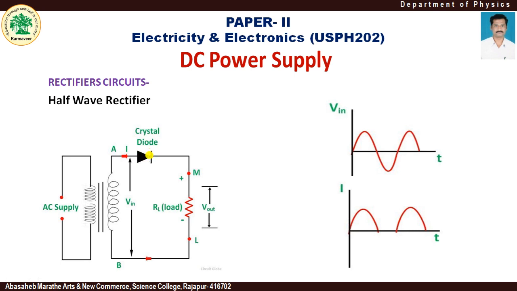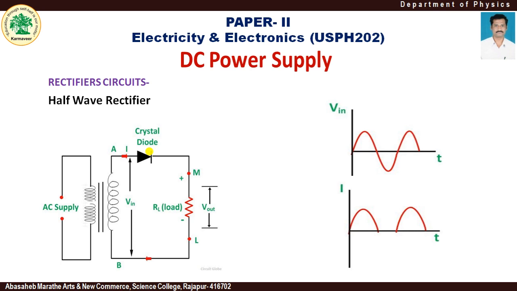So when the forward bias voltage across the diode becomes greater than the barrier potential, the barrier potential is 0.7 volt for silicon diode, and it is 0.3 volt for germanium diode.